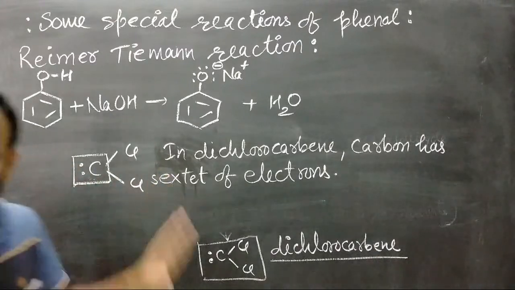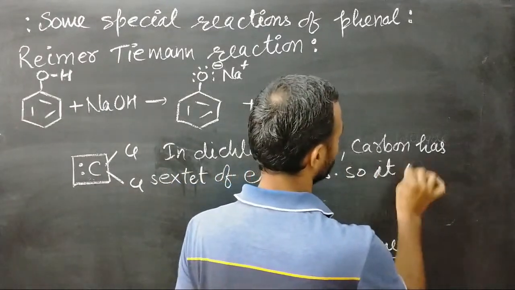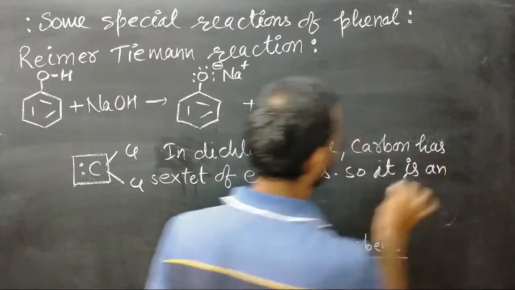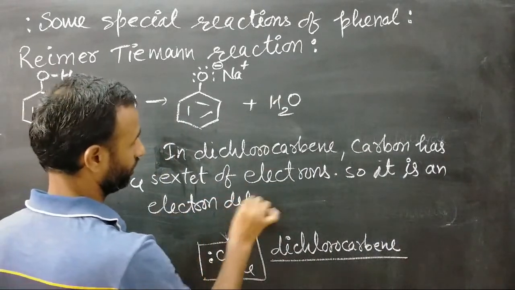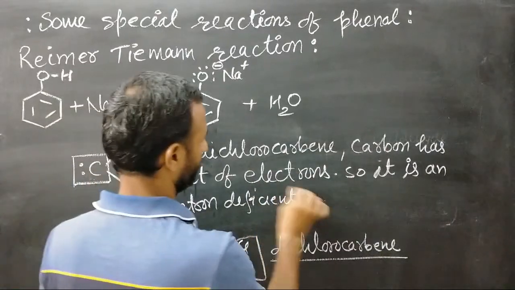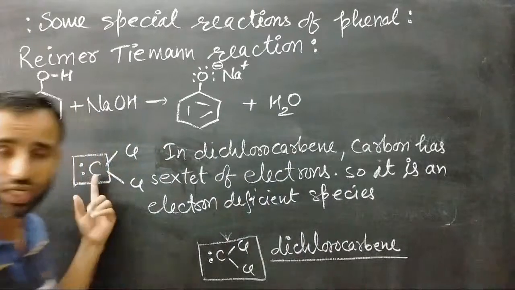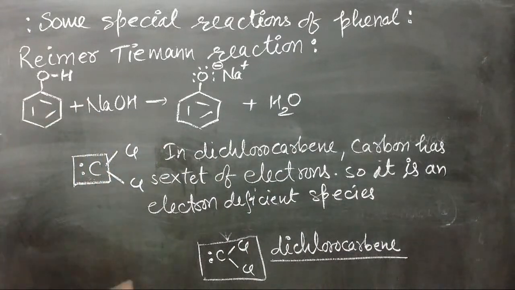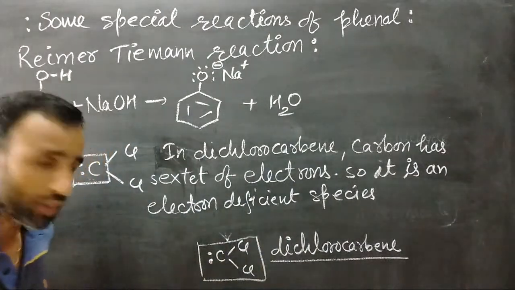Means total 6 electrons. So it is an electron deficient species. Though it has unshared pairs, unshared electrons, it is an electron deficient species.